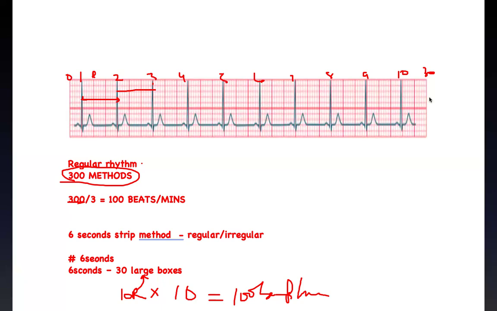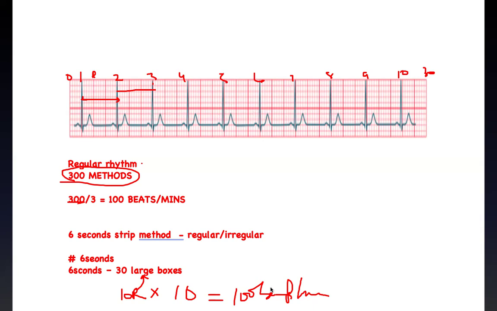We have 30 of them. Therefore, I know this is a 6-second strip, and I can use the 6-second strategy. I'm going to put all my information within the 30. Out of these 30, don't go beyond 30, how many R's are inside? 1, 2, 3, 4, 5, 6, 7, 8, 9, 10, and multiply by 10, and that will give you 100.